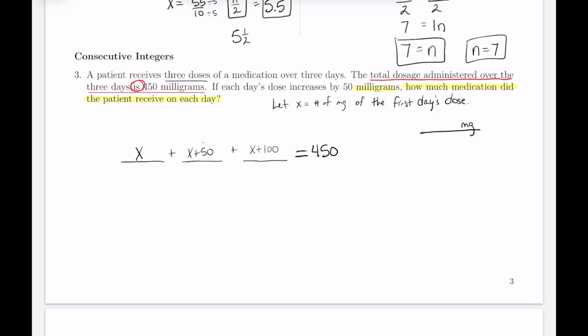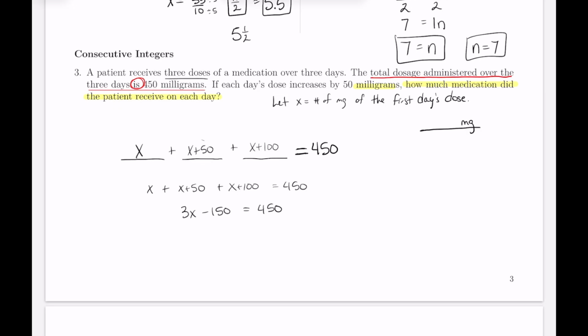Okay, so if we go through and combine our like terms now, so I have x plus 50 plus x plus 100 equals 450. When we combine our like terms, I get 3x plus 150 on the left-hand side equals 450 on the right.